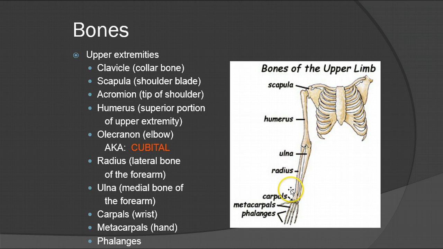Now remember, the radius is the bone that goes from your thumb up to your elbow, and the ulna is on the opposite side. So that's one good way of understanding the difference between the two. And so you can say this was an injury to the radial area or to the ulnar area. And then you have your carpals and your metacarpals, and your phalanges, which are your fingers.